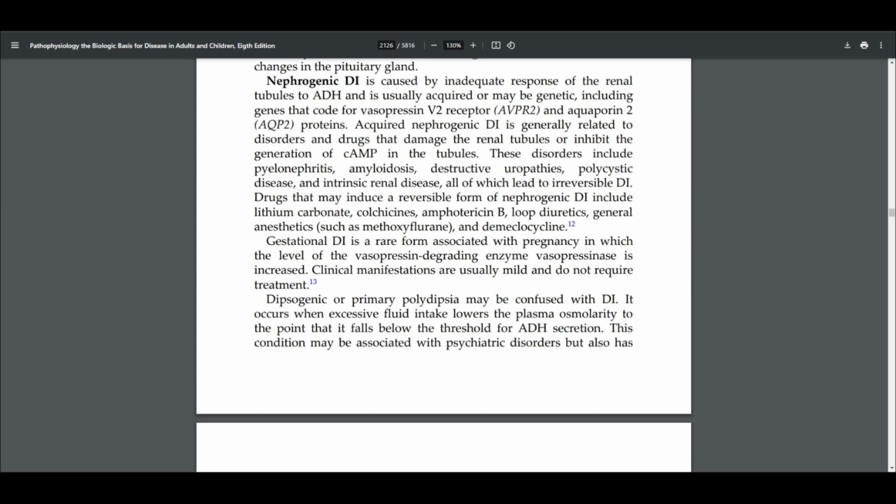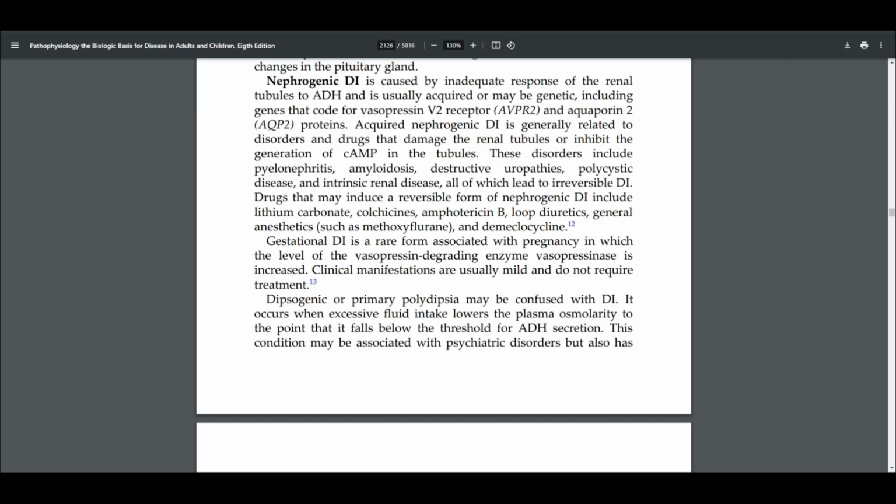Drugs that may induce a reversible form of nephrogenic DI include lithium carbonate, colchicine, amphotericin B, loop diuretics, general anesthetics, and demeclocycline.